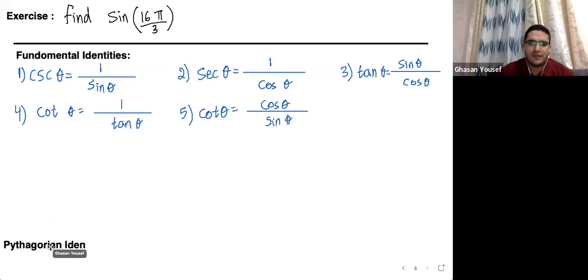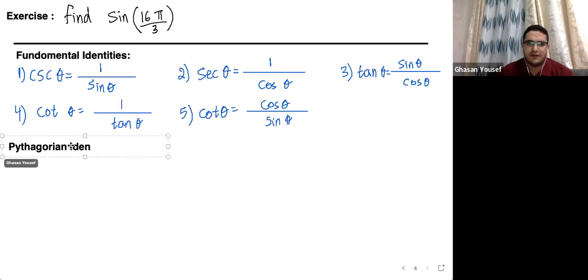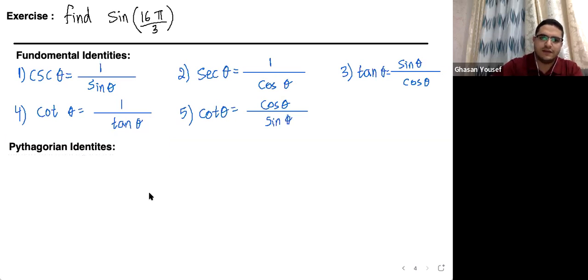Now, the Pythagorean identities. The first one is sine square of theta plus cosine square of theta equals 1.